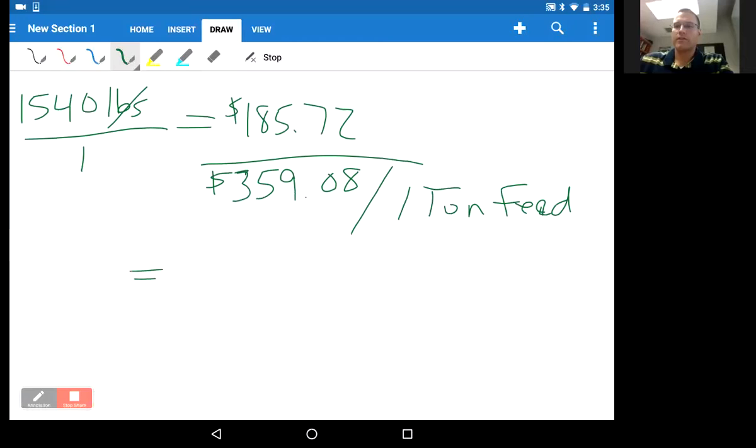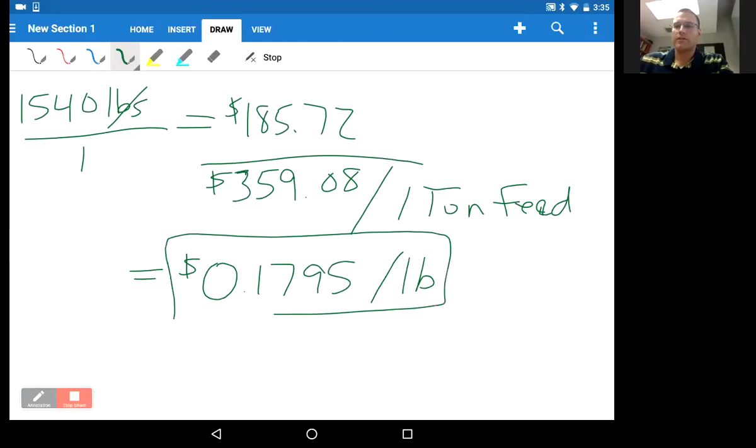You do that, you get 0.0795 per pound. So almost 18 cents. If you want to round it to 18 cents, I'd be fine with that per pound. So that's the answer to number 5.